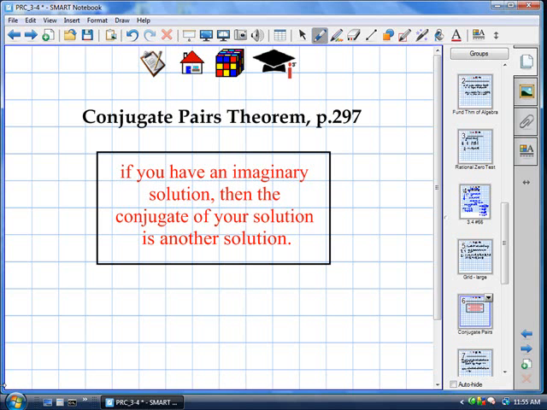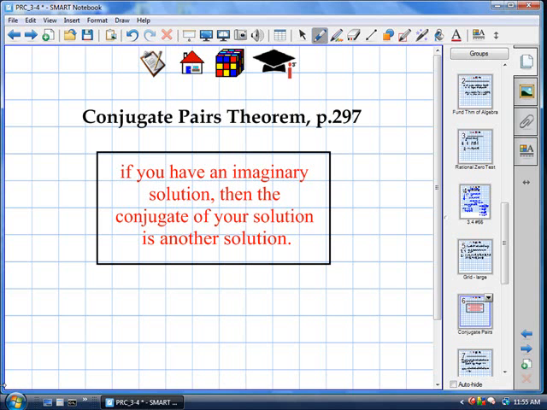So in other words, imaginary answers always come in pairs, and that's why it's called the conjugate pairs theorem. So if by some reason we found one imaginary answer, automatically you know that there's another one.